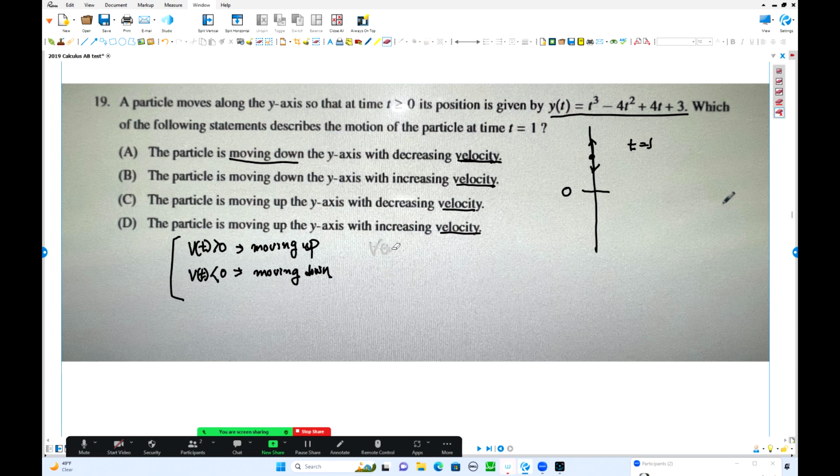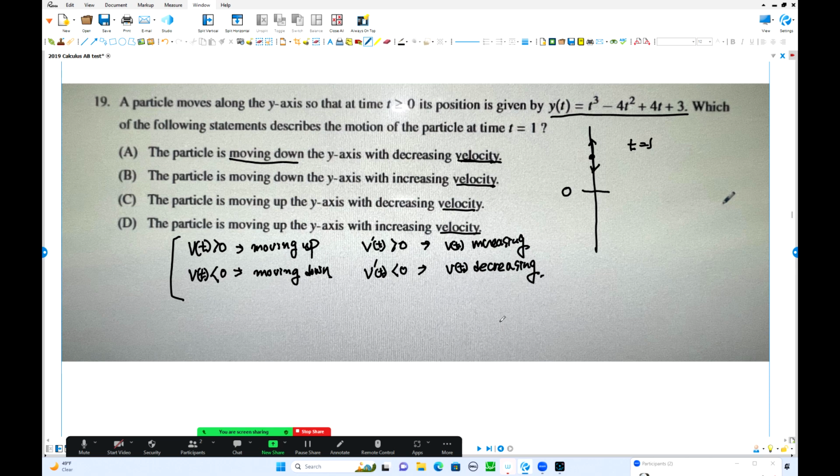That is acceleration. If acceleration is positive, velocity is what? Velocity is increasing, okay? So this derivative, acceleration, the prime of velocity is less than zero, that means what? v of t is decreasing. That's the meaning, okay?